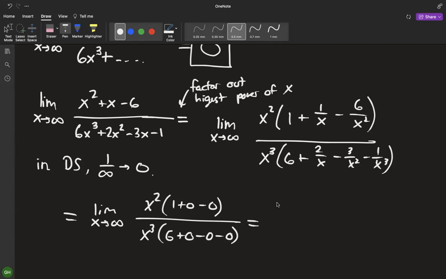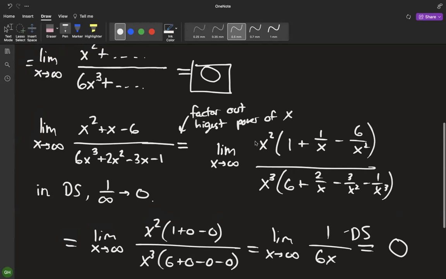And then I could cancel out an x squared. So this is the limit as x goes to infinity of 1 over 6x. Right? If I cancel out x squared, I'm still left with 1 on the bottom. And then this gives me 1 over infinity, which is, again, 0.